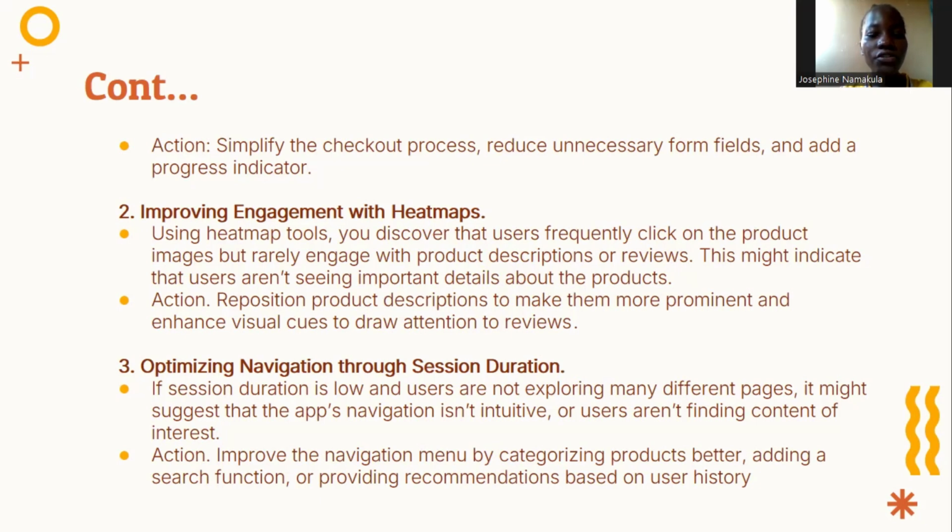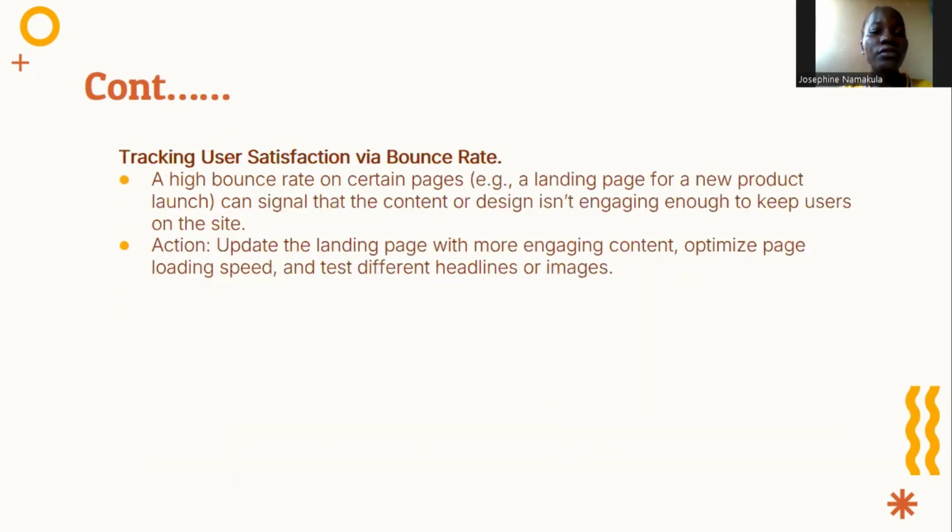If session duration is low and users are not exploring many different pages, it might suggest that the app's navigation isn't intuitive or users aren't finding content of interest. The action which can be taken is to improve the navigation menu by categorizing products better, adding a search function, or providing recommendations based on user history. So tracking user satisfaction via bounce rate.